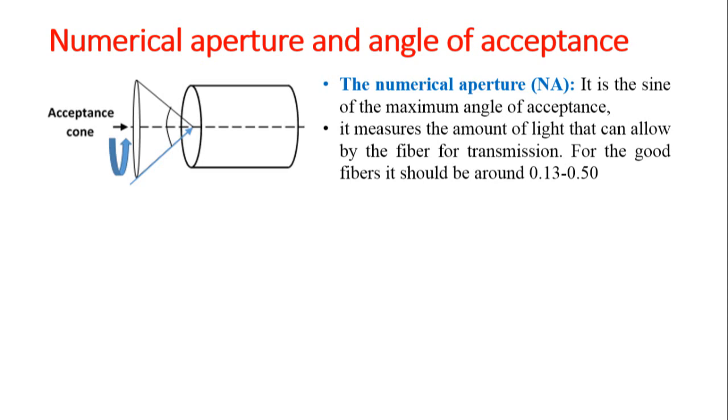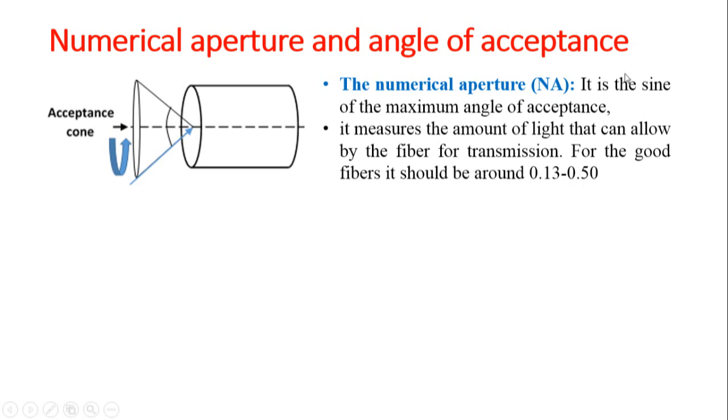If a fiber has a low numerical aperture, less than 0.13, it will not be used for fiber communication. One whose value is greater than 0.5 will also not be used. The permitted range of the numerical aperture is from 0.13 to 0.5.